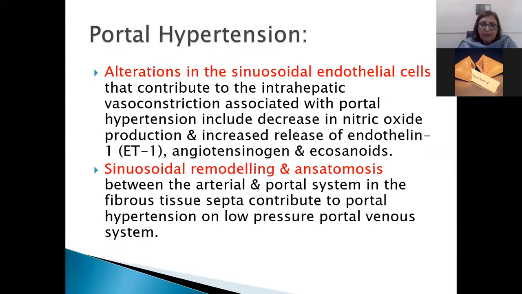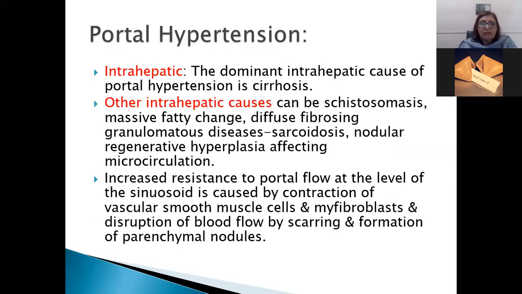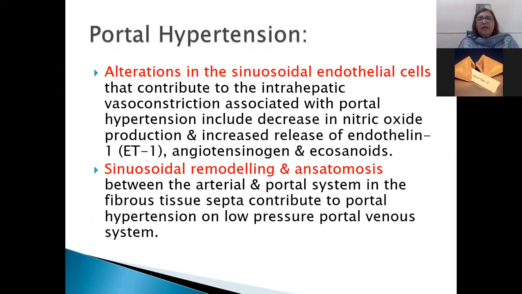So the other factors which will lead to portal hypertension in the intrahepatic causes, as I told you: number one is cirrhosis, number two is schistosomiasis, number three is massive fatty change, number four can be diffuse fibrosing granulomatous inflammation, and number five is portal flow at the level of the sinusoid, because sinusoidal contraction can lead to portal hypertension. Then there is alteration in sinusoidal endothelial cells, which can be considered number six.